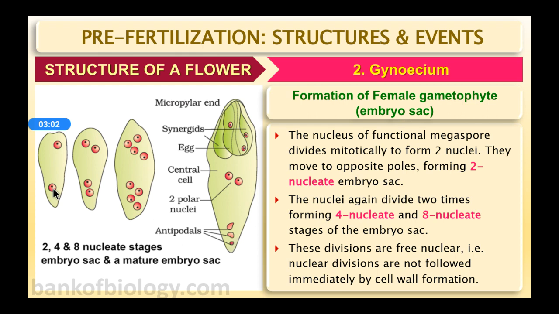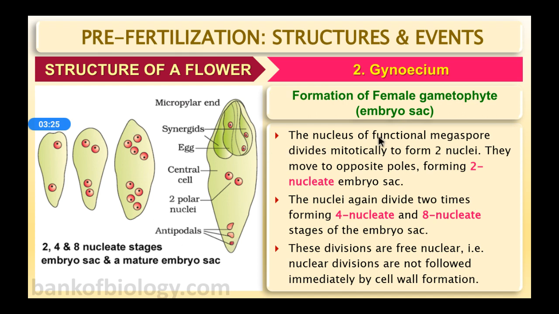These nuclei again undergo mitotic division and a 4 nucleate embryo sac is formed. And these nuclei again undergo mitotic division and form an 8 nucleate embryo sac.